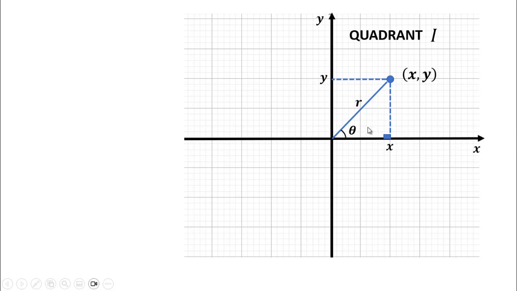So if we want to calculate the value of r, we need to apply the Pythagorean theorem, which states that the square of the length of the hypotenuse is equal to the sum of the squares of the lengths of the legs. So if we apply the Pythagorean theorem to this triangle, we have r squared is equal to x squared plus y squared.